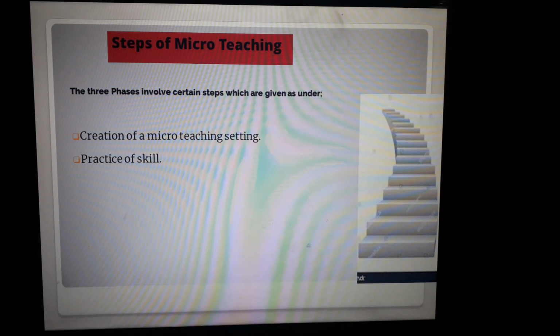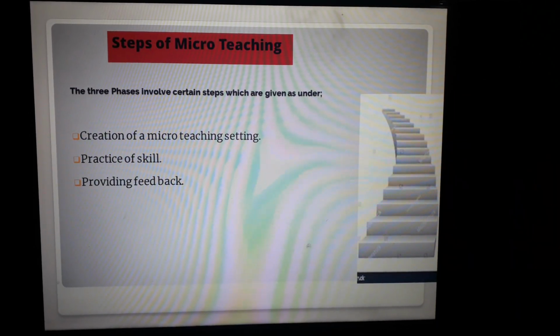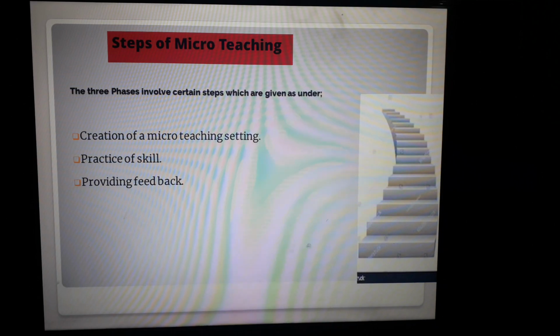Where possible, the student teachers may also have the lesson taped on a video or audio tape. Next step is providing feedback. The peers and the teacher educator observing the micro lesson may provide immediate feedback. Where possible, mechanical gadgets like the videotape, audio tape, closed circuit television may be used for getting feedback.